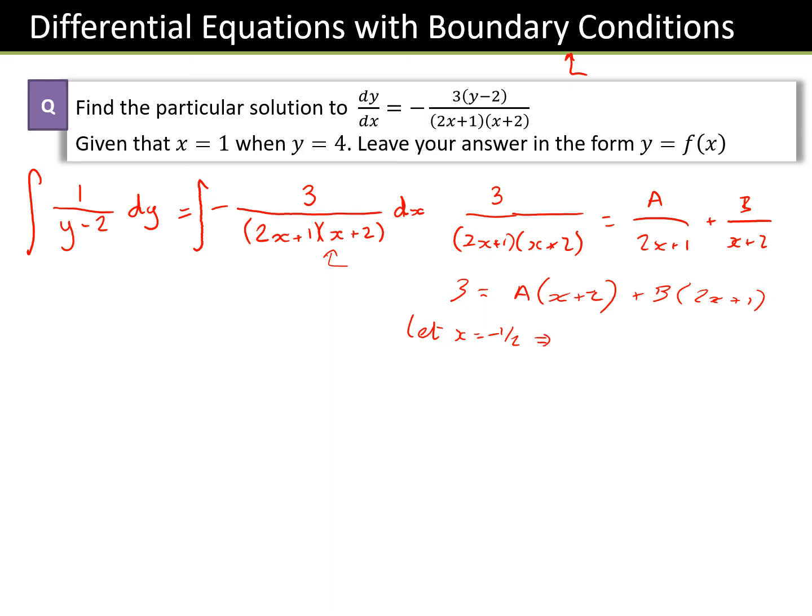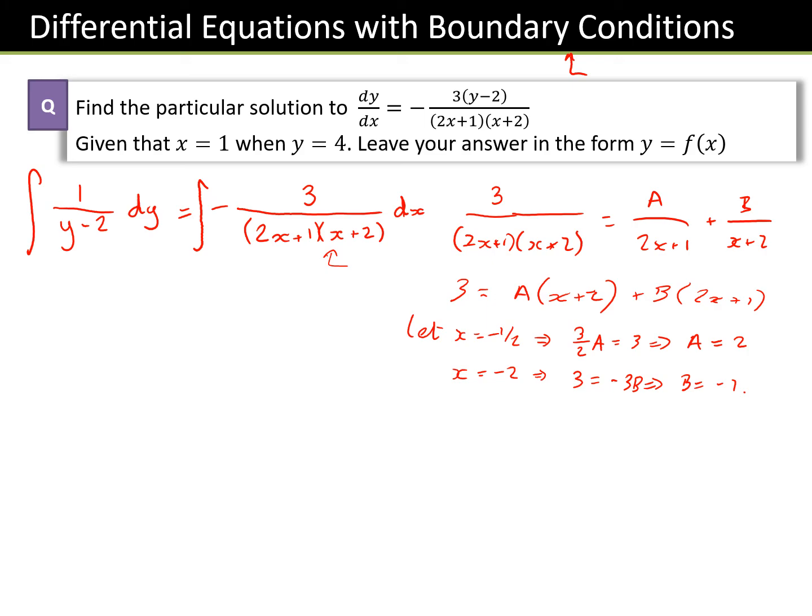That means that we're going to get 3 over 2a equals 3, which means that a equals 2. I'm going to let x equal minus 2, which means that we're going to get 3 equals minus 2 into here, minus 3b. So b equals minus 1. So b is minus 1, a is 2.